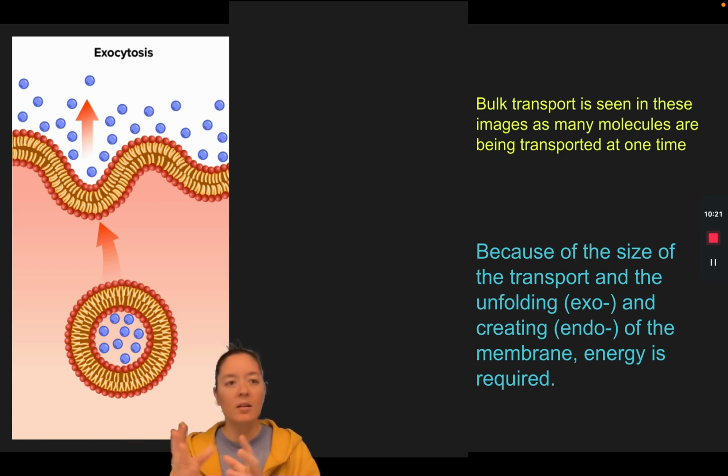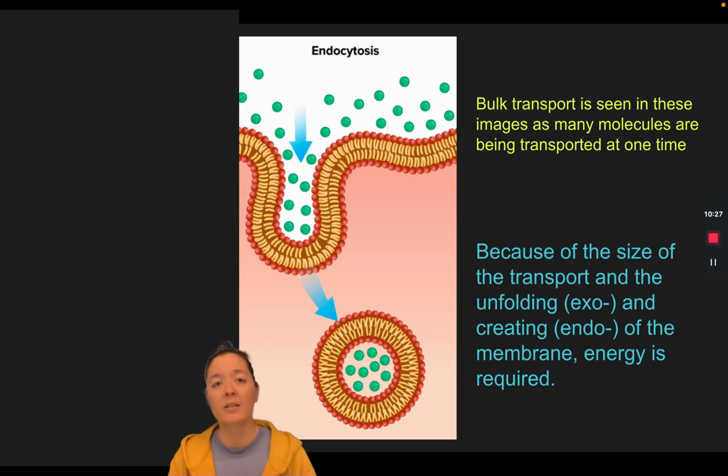So it's moving to be released by the membrane. The second panel here is endocytosis, where we're just seeing the opposite happen. We're moving a lot of those green circles from the outside of the cell to the inside of the cell, and we're doing a lot of them at once, and we're just pinching off a piece of our membrane to create that vesicle, or that little bubble.